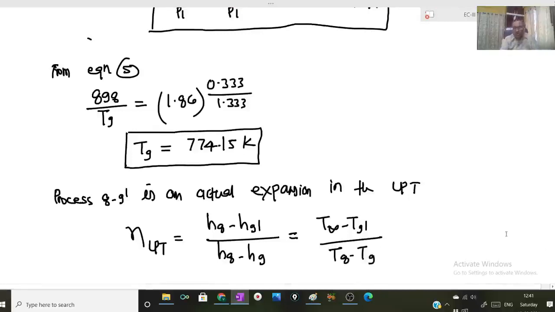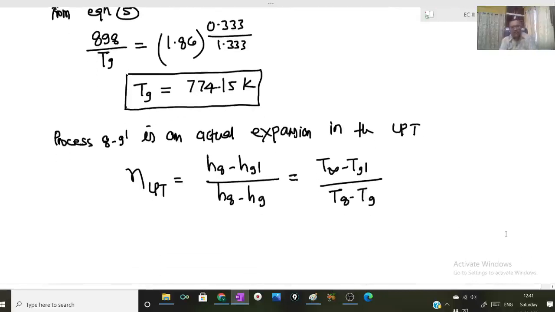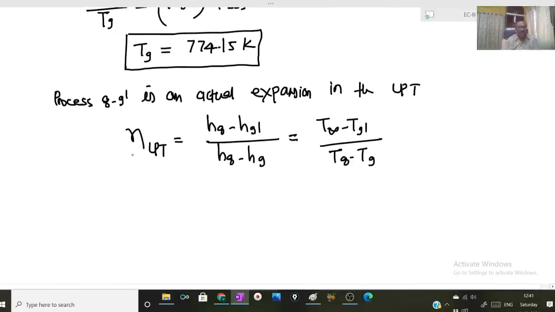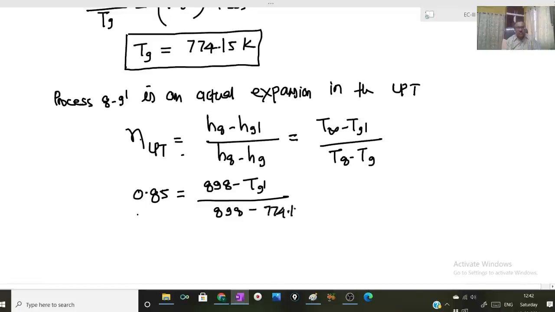Now isentropic efficiency of LPT is given to me 0.85, 898 minus T9 dash is to be calculated. 898 minus T9 is 774.15. So from here T9 dash will be 792.6 Kelvin.